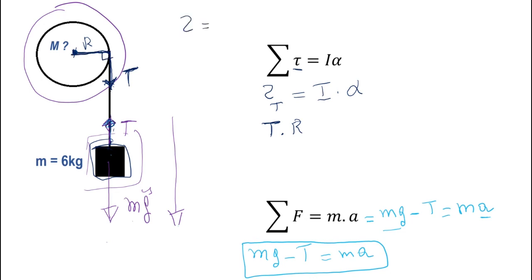Remember, the magnitude of torque is the force times the shortest distance. This d perpendicular means the shortest distance to the rotation point. So the shortest distance to the rotation point is r.